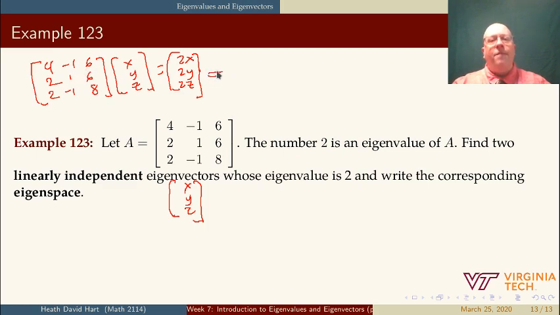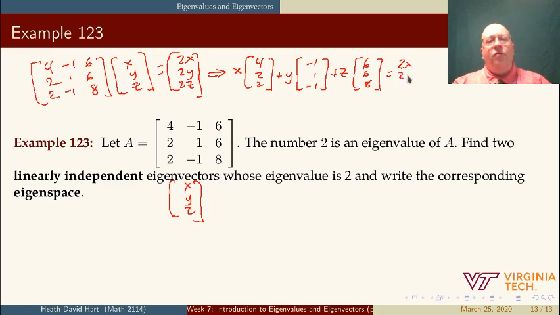But this is the same thing as saying that x times (4, 2, 2) plus y times (-1, 1, -1) plus z times (6, 6, 8) is equal to (2x, 2y, 2z). And if I bring the 2x and the 2y and the 2z over to the other side of the equation, here's what happens.